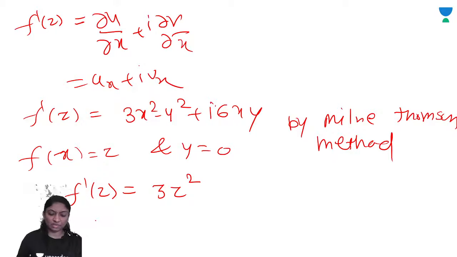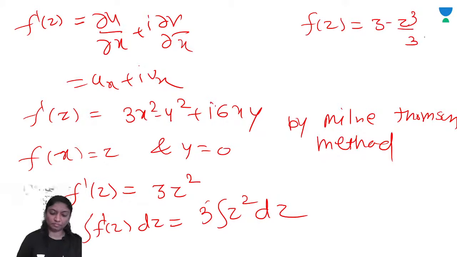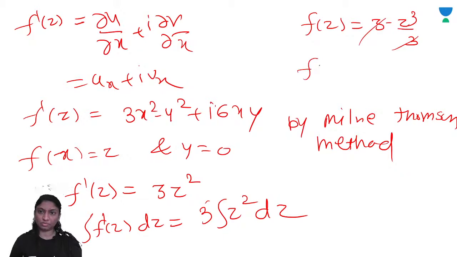So f of z is equal to the integral of f dash of z, which is z cube by 3 times 3, so the 3 cancels out. f of z is equal to z cube.